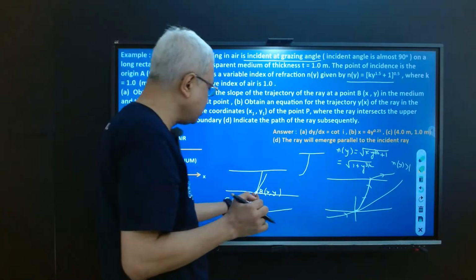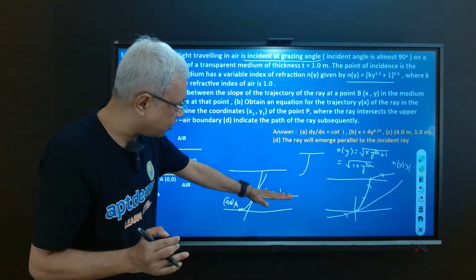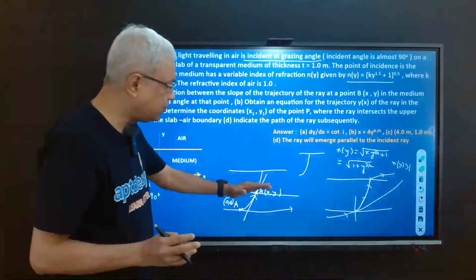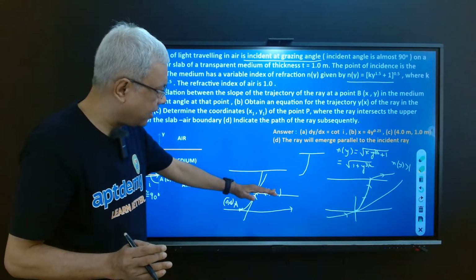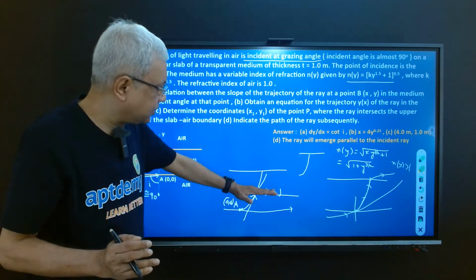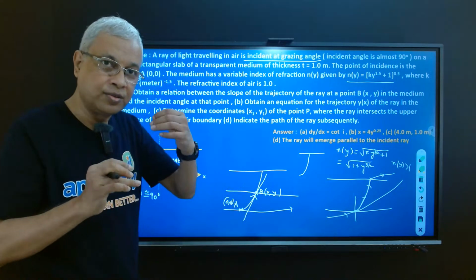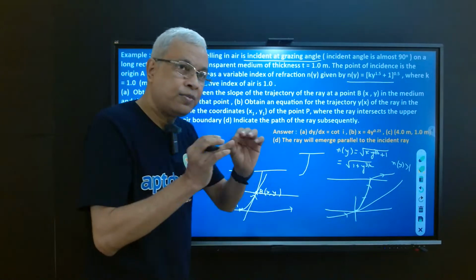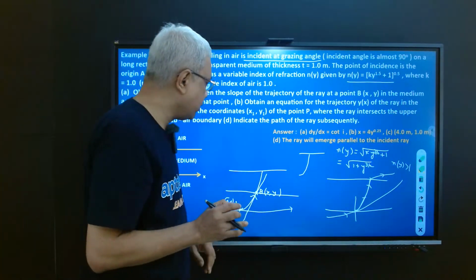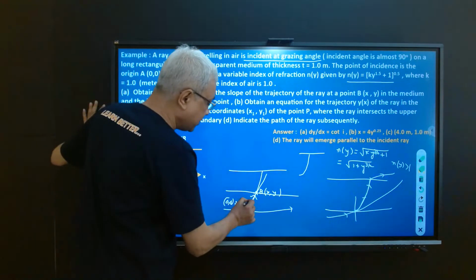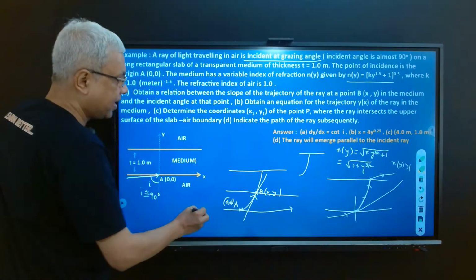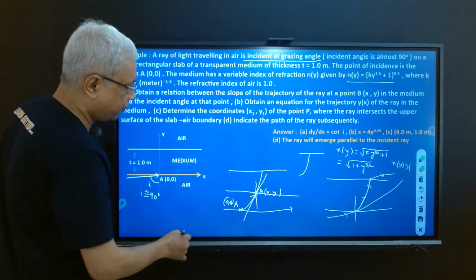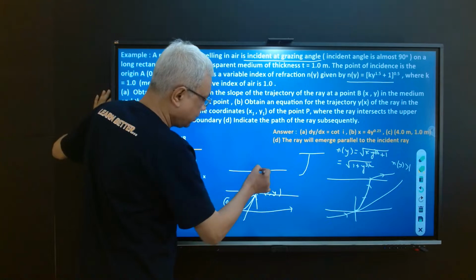Since the y value just below this horizontal layer is less, and the layer just above this horizontal line has more, the refractive index will be more, and there will be a bending of the light direction at this point also. And the angle of incidence can be safely calculated from the direction of the tangent.